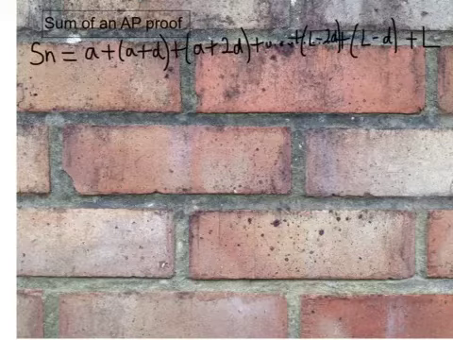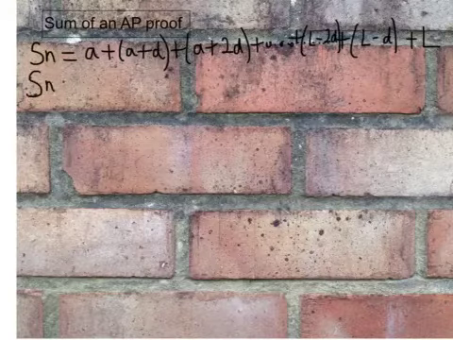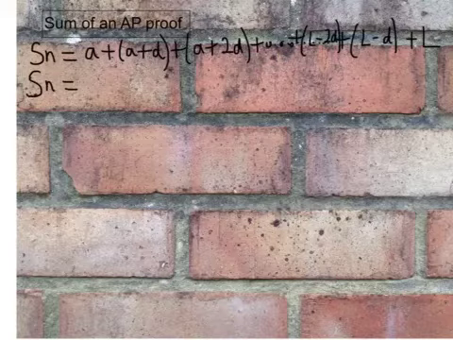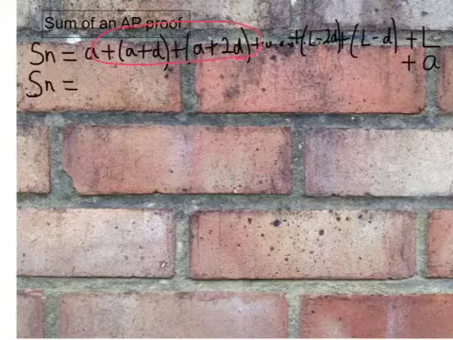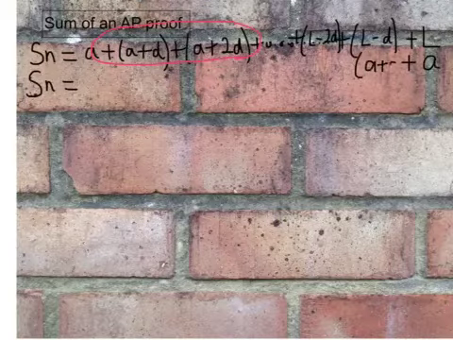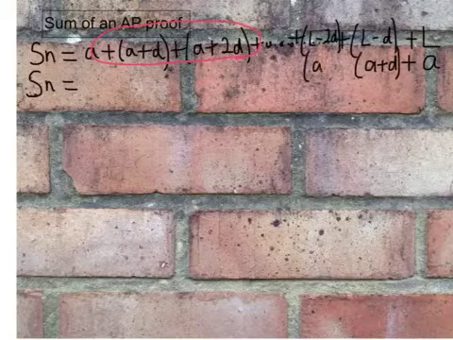Then what I'm going to do is rewrite the sum underneath. I'm going to write the first three, and then reverse them. So A will go there, and A plus D is going to go here, and A plus 2D.